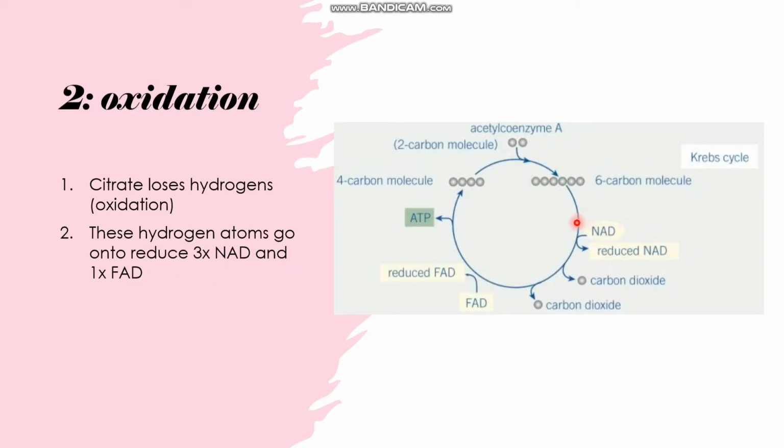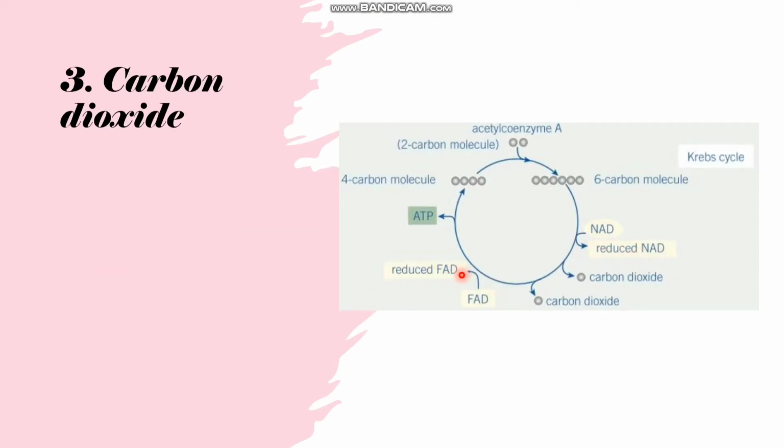So our NAD is being reduced to reduced NAD, and our FAD is being reduced to reduced FAD. Reduction, or being reduced, is gaining of hydrogen. So our citrate is oxidized by losing hydrogen, and our NAD and FAD are being reduced because they're gaining the hydrogens that the citrate has lost, producing reduced NAD and reduced FAD.